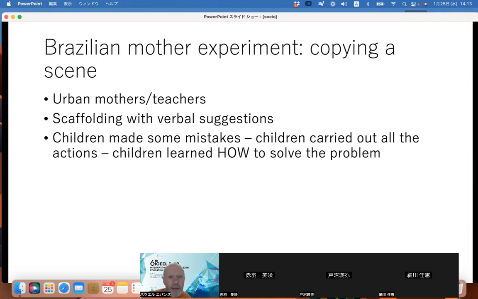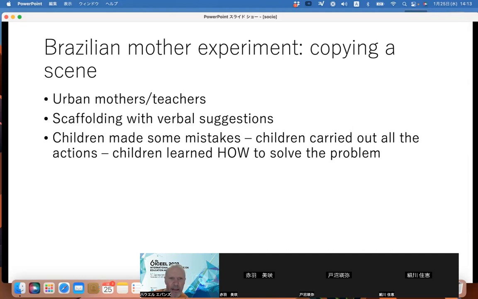And in that situation, children made some mistakes, but they carried out all the actions, and they learned how to solve the problem. So in other words, don't give them too much help.